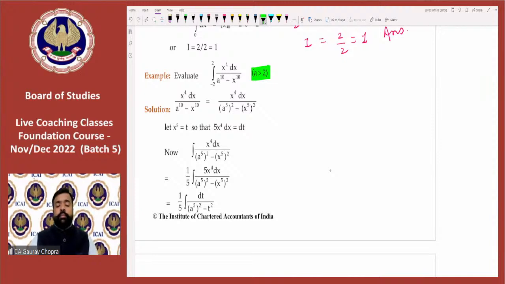In order to apply a property or some formula, we can try a few things. Whenever x and a both are written in the denominator, in most cases we can apply the formula of x square minus a square. So let's see which formula we can apply here.